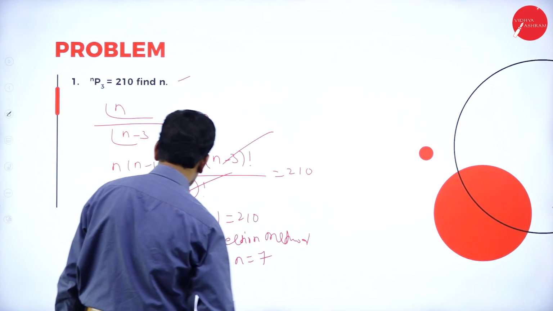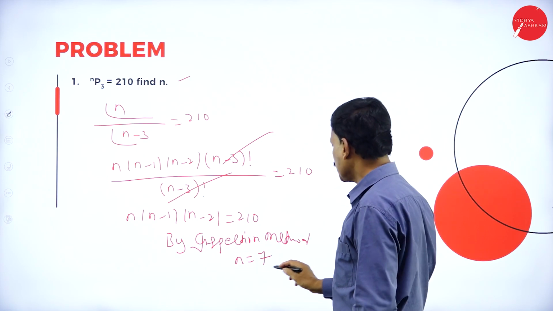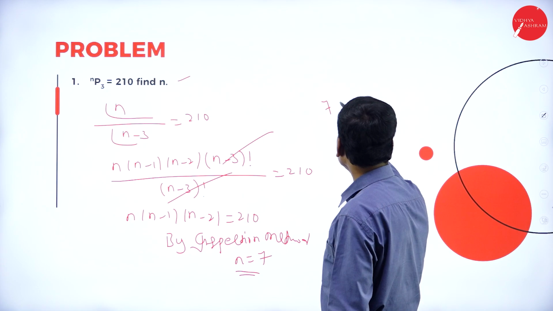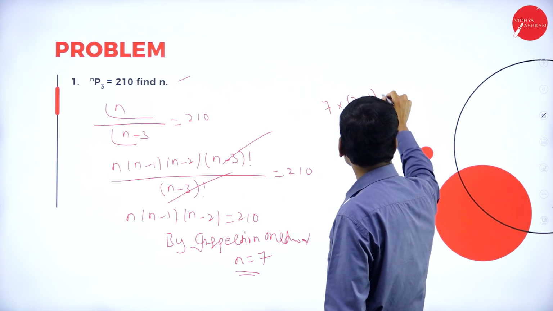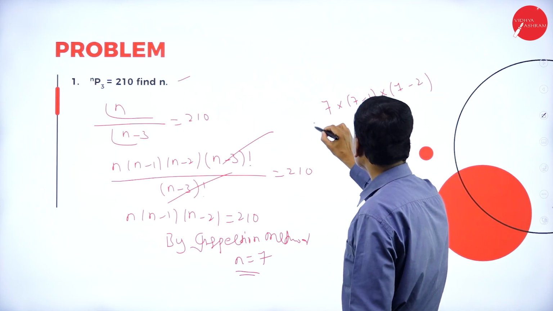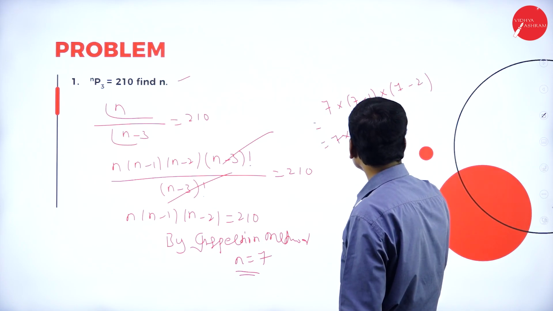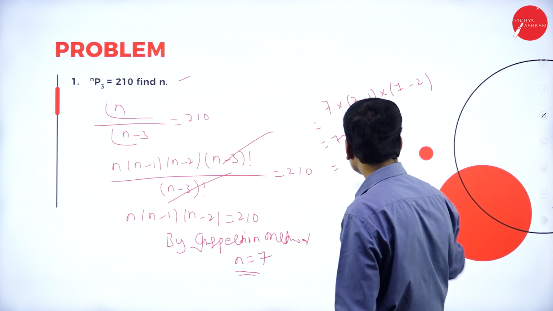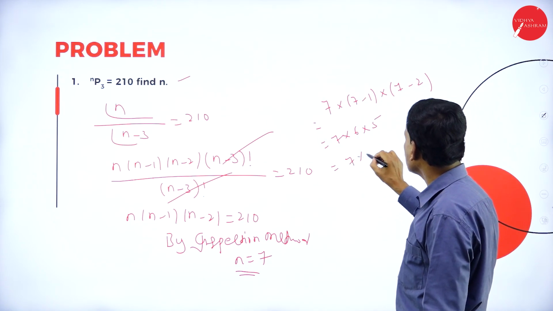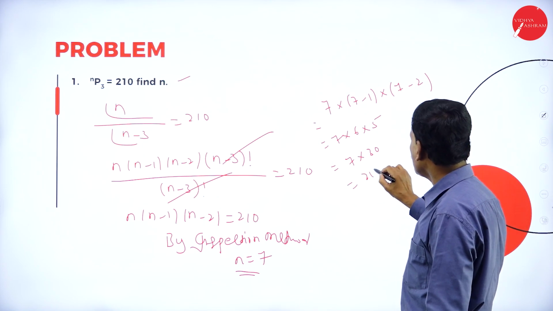If you take n is equal to 7, by the inspection method, if you put n is equal to 7, what will you get? 7 into (7 minus 1) into (7 minus 2). What is this equal to? 7 into 6 into 5. So that is nothing but 5 sixes are 30, 30 into 7, that is 210.